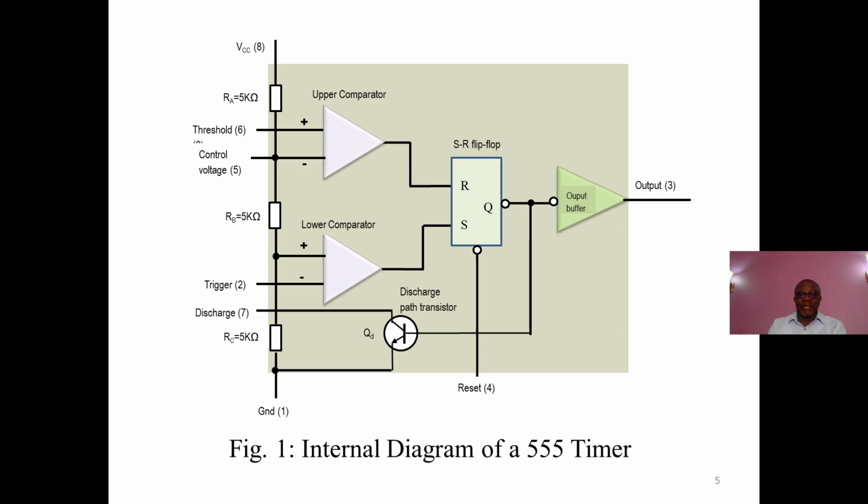If you look at the lines, you see numbers put in brackets. They represent the pin numbers of the 555 timer.